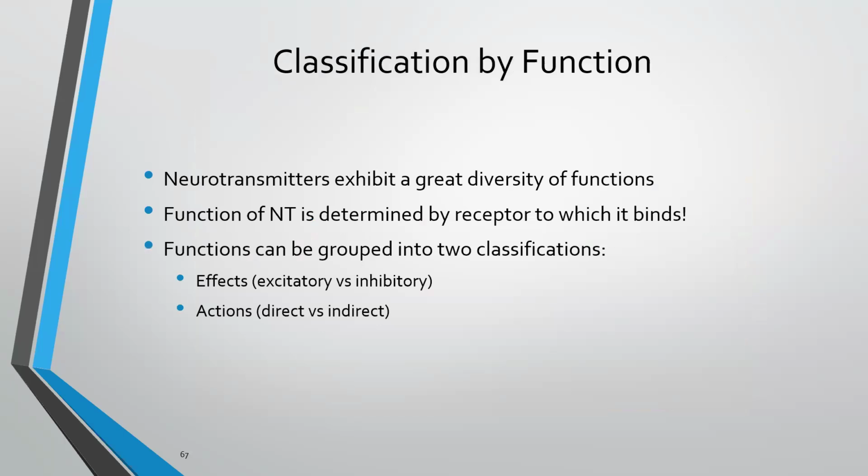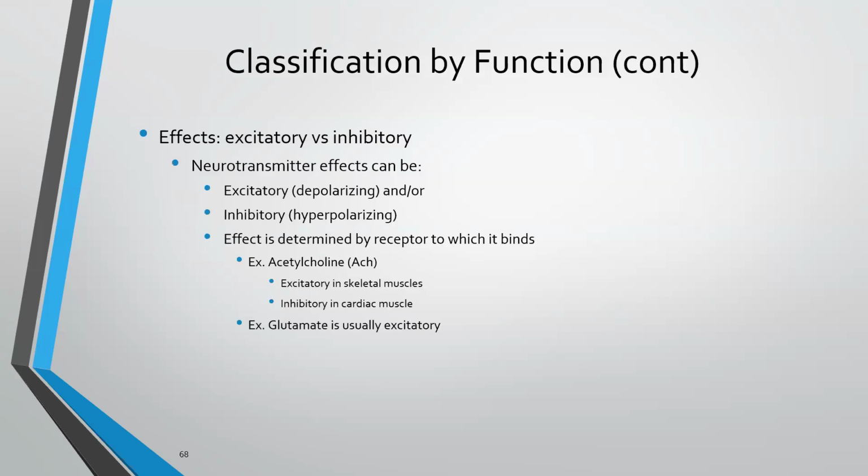When we classify them by function, neurotransmitters exhibit a lot of diversity of functions. It's determined by the receptor to which it can bind, and it's classified in 2 groups. So effects, which is excitatory versus inhibitory, and then actions, which is direct versus indirect.